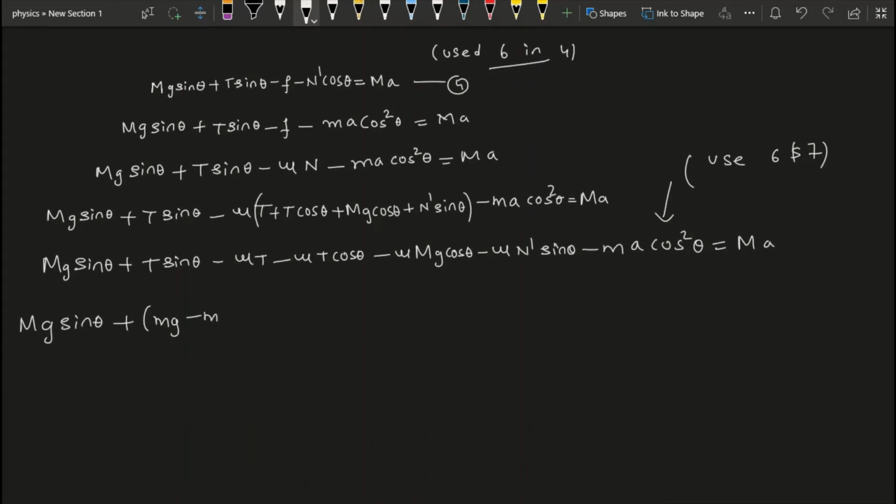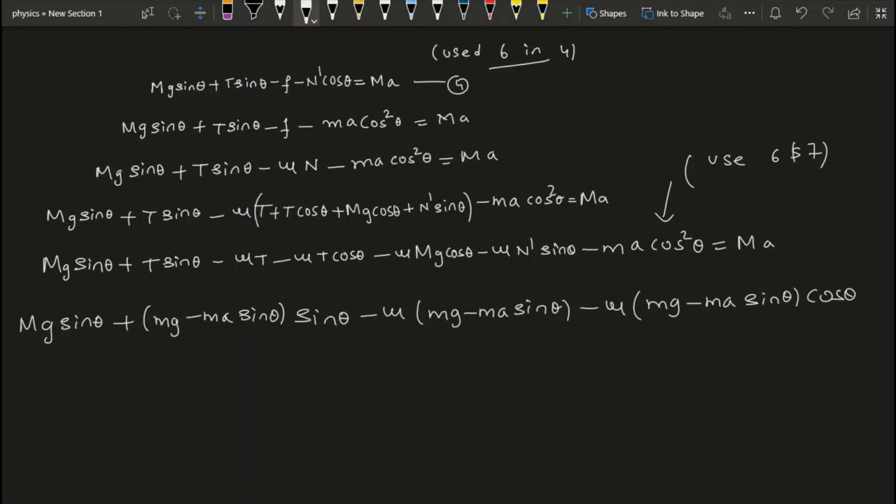Mg minus ma sin theta into sin theta, minus mu into Mg minus ma sin theta, into cos theta, into cos theta.